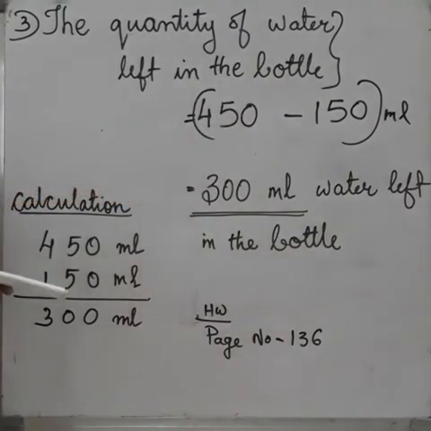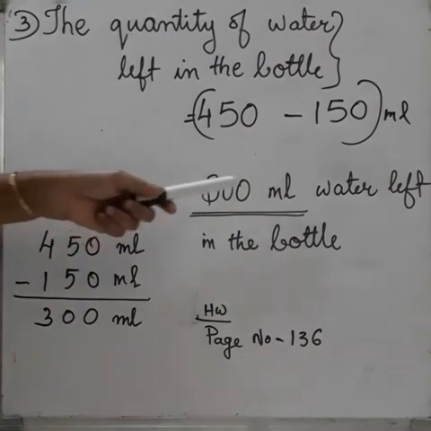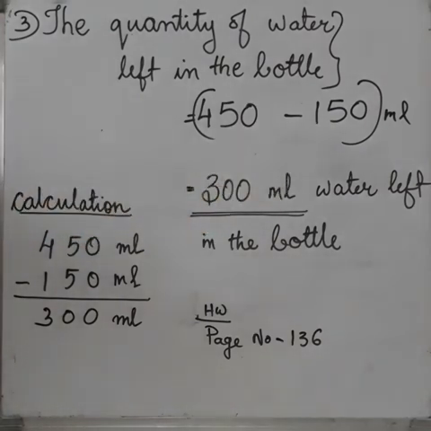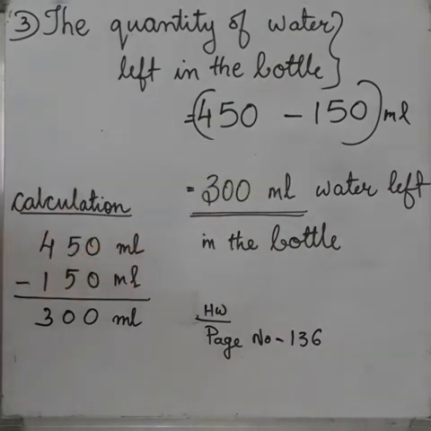Here the subtraction is done. 0 minus 0 is equal to 0. 5 minus 5 is equal to 0. 4 minus 1 is equal to 3. So 450 minus 150 is equal to 300. That means in the water bottle there is 300 milliliter of water left. After drinking 150 milliliter water, there is 300 milliliter water left in the bottle. Okay?